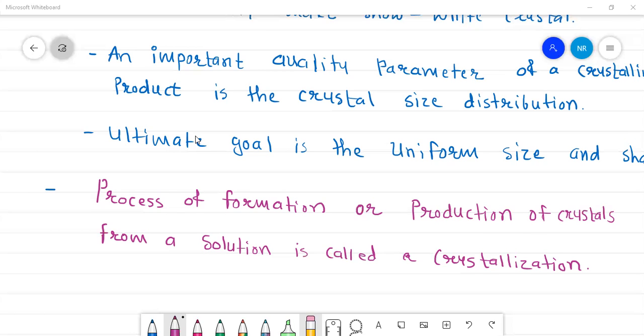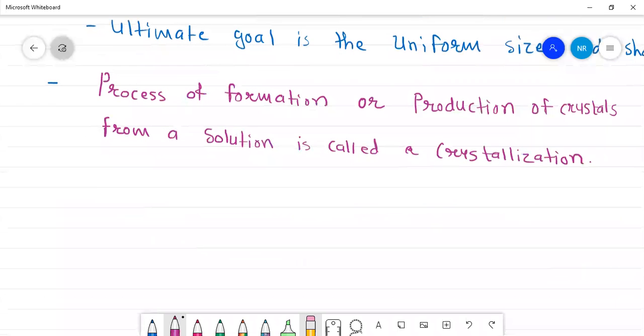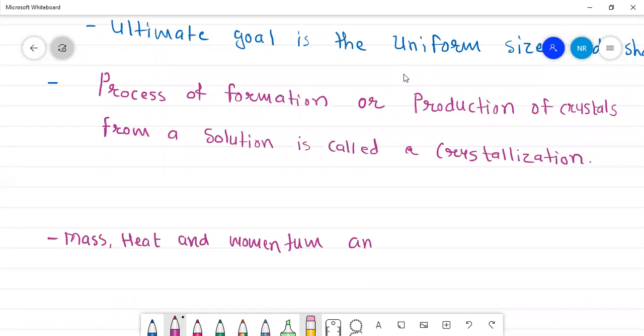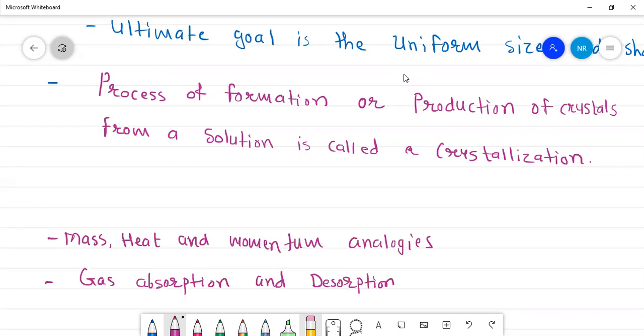Okay, so I'm writing down the chapters for midsem 2. The topics are mass, heat and momentum analogies; gas absorption and desorption, or we can say stripping; and the last one will be drying.